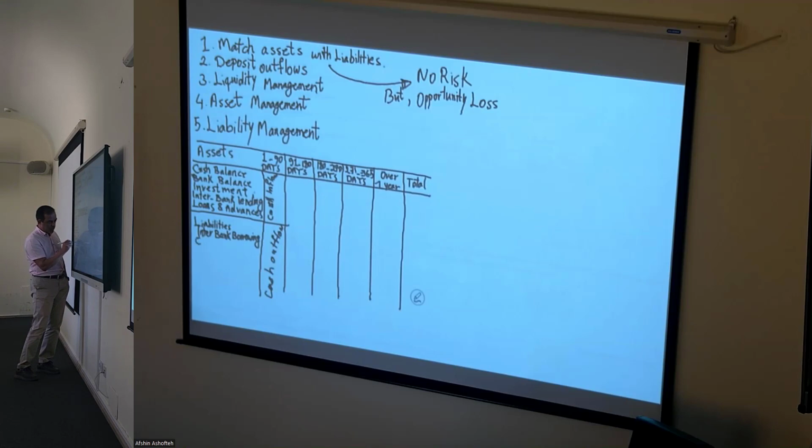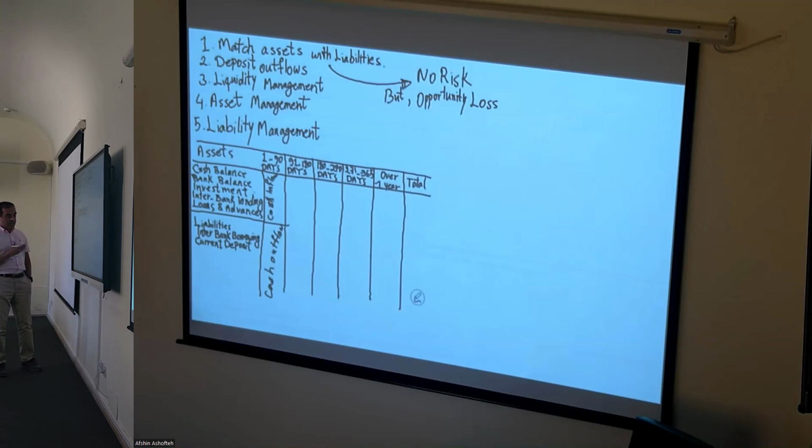So the deposits are a kind of liability for the bank. We have the current deposit, the saving deposit, and the fixed deposit, for example, and the other kinds of deposits that we might have, so the others. So these are the cash outflows and these are the cash inflows, and we have the different buckets.